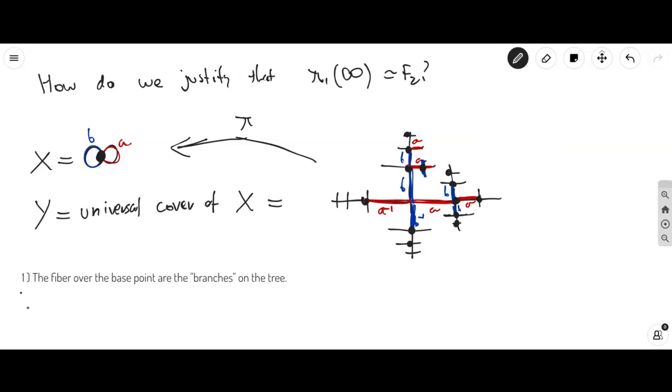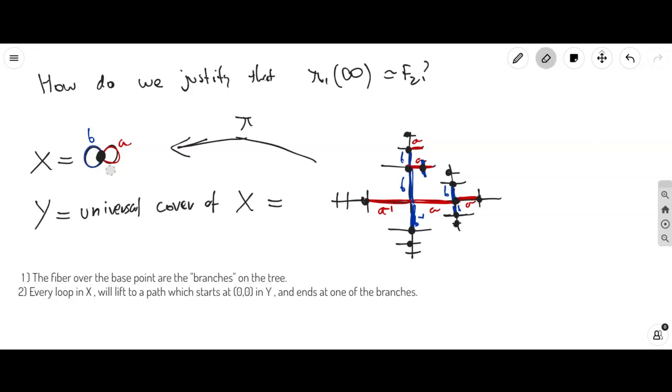Okay, the second thing you want to notice is every loop in X, so X is the figure 8 space, will lift. So loops will lift to a path which starts at the origin, 0, 0, in Y, so that's in the tree, and ends at one of the branches.